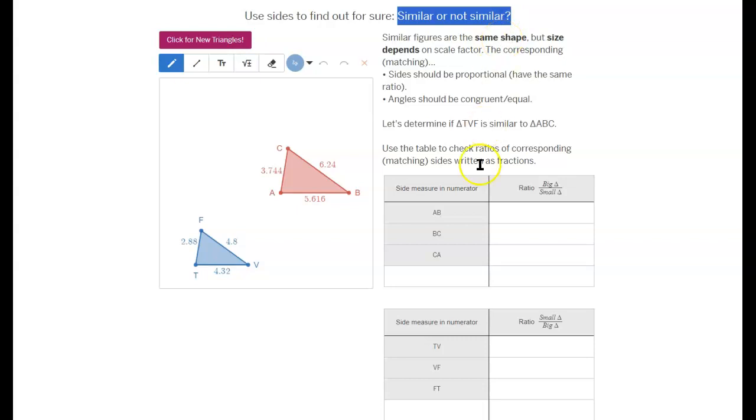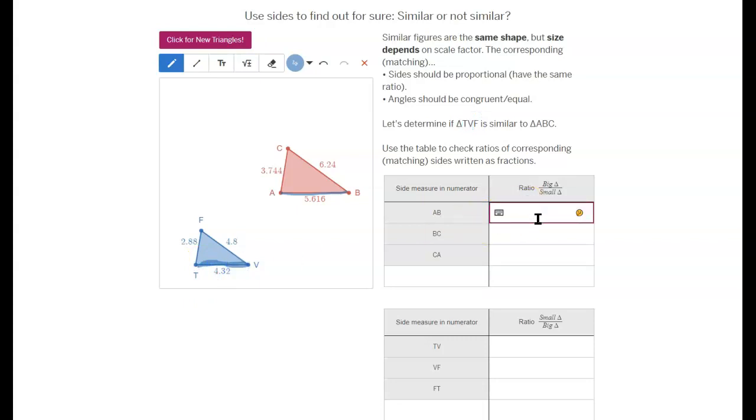As you answer each of the questions, notice that you're going to find AB and you're going to find the ratio big over small. So AB in this triangle matches with TV in the smaller triangle, so that's going to be right here.